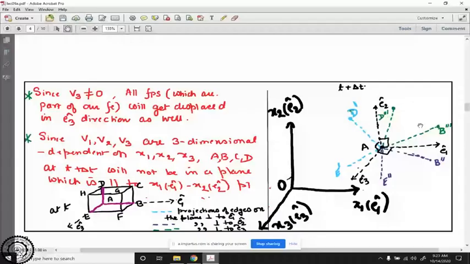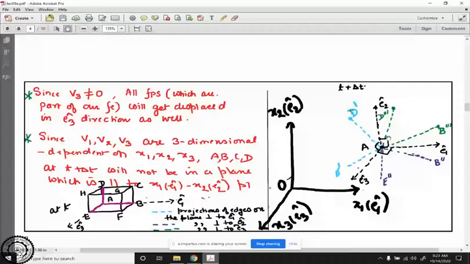Similarly, AD triple prime is the projection of edge AD at time t plus delta t on a plane perpendicular to the e3 axis. So AB triple prime and AD triple prime are now lying in the plane of e1, e2.